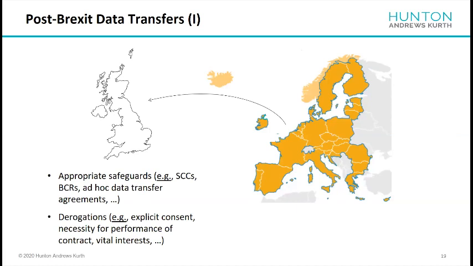In other words, as any other derogation to a general rule, the derogations to the general transfer restrictions under GDPR are to be interpreted narrowly. Therefore, these derogations will generally not help businesses with structural data flows to the UK, which is to a certain extent understandable, because there are no real data protection safeguards when data is transferred based on one of the derogations listed in Article 49 of the GDPR.